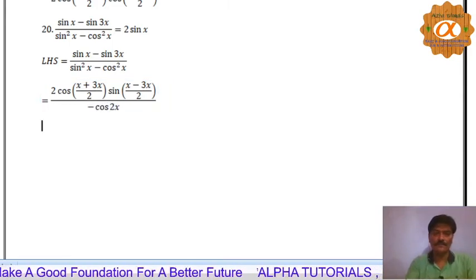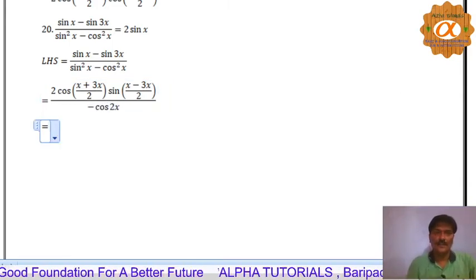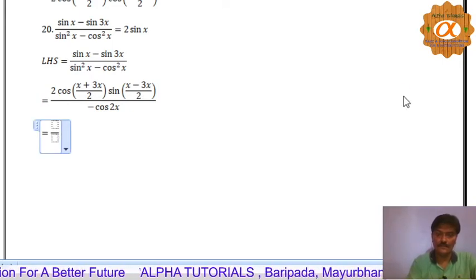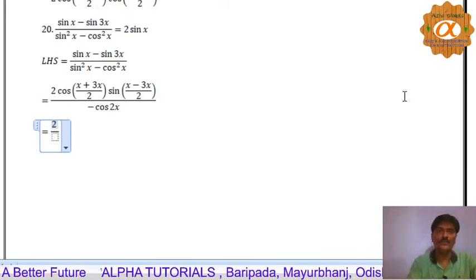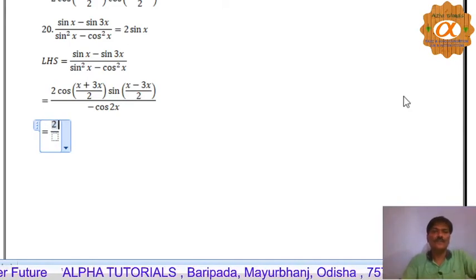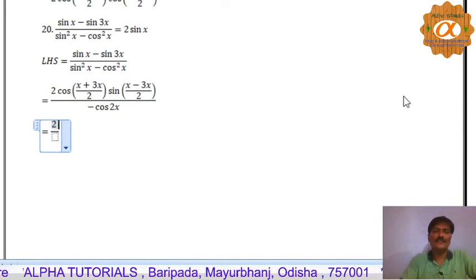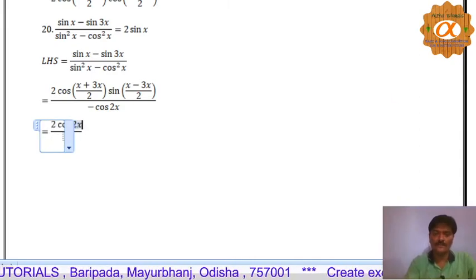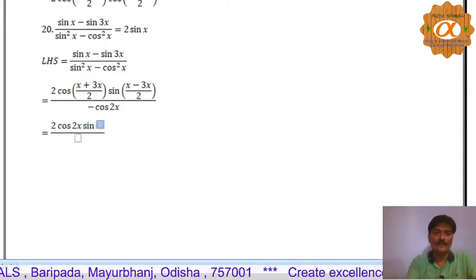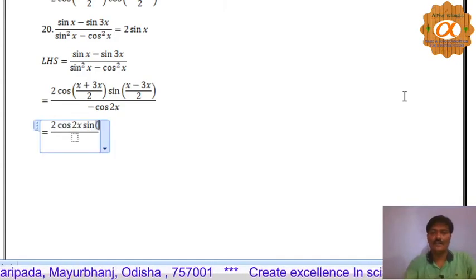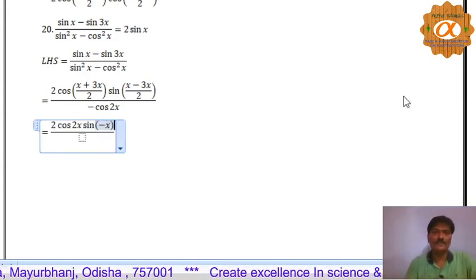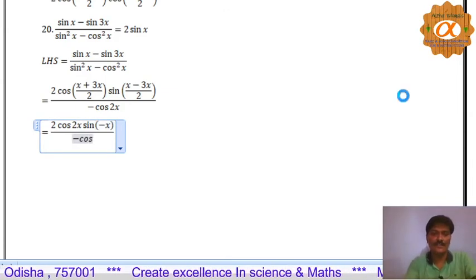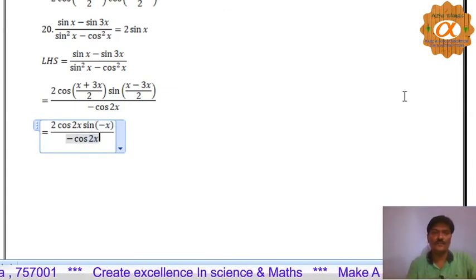Now cos x plus 3x, 4x by 2, becomes cos 2x, and again it becomes sin minus x. In the denominator it is minus cos 2x.